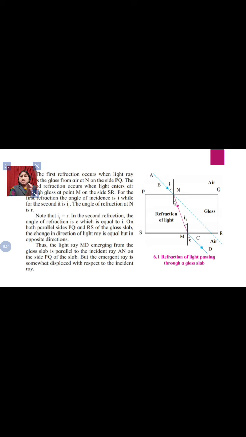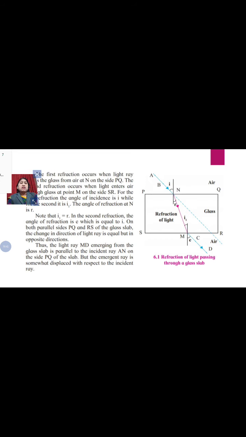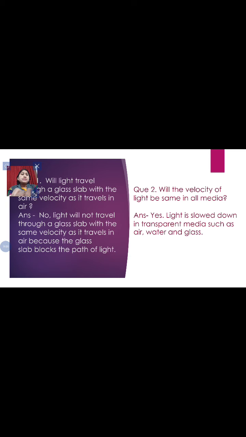That means here air is a transparent medium, glass is also a transparent medium. So here we have two transparent mediums, that is air medium and glass medium. Okay, see again.